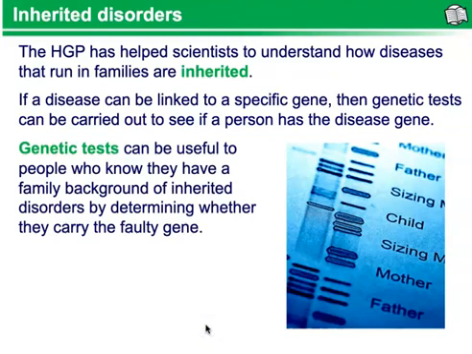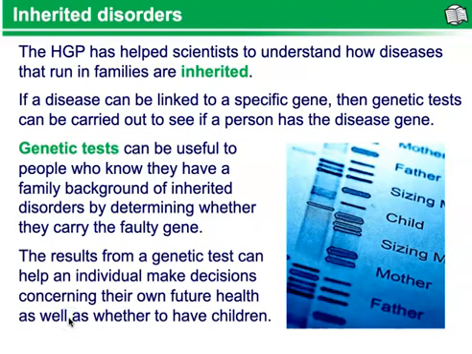Genetic tests can be used to determine if an individual has a family background of inherited disorders by determining whether they carry the faulty gene. The results from a genetic test can help an individual make decisions concerning their own future health as well as whether to have children.